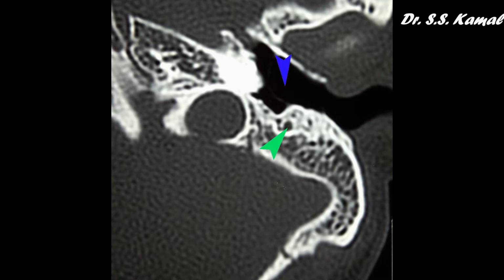The blue arrow is indicating the anteromedial approach, where the dissection is directed from medial to lateral direction, focusing the anteromedial side of the mastoid segment of facial nerve.